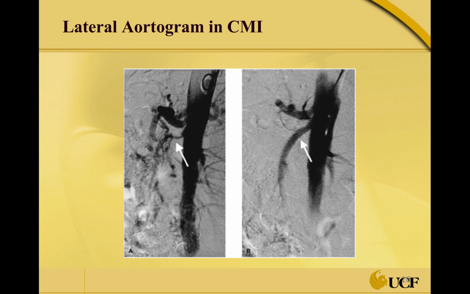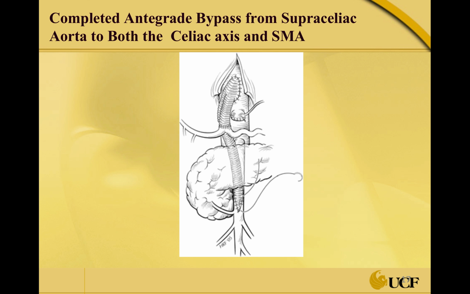In B, there's no residual stenosis in the superior mesenteric artery after placement of an intraluminal stent. The quality of these pictures is not very good, and it also depends on the type of stent that is deployed. So these are pre and post intervention views or aortogram in a CMI patient.